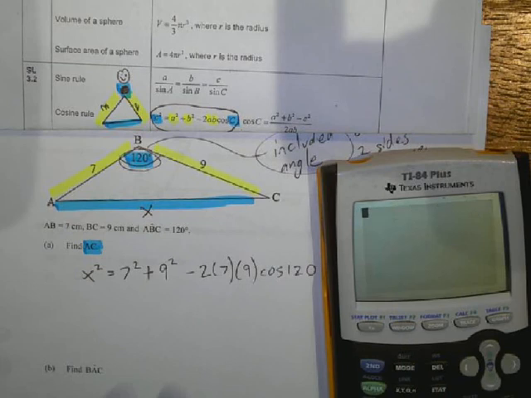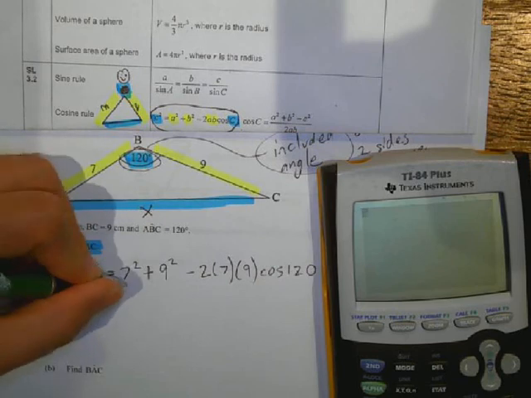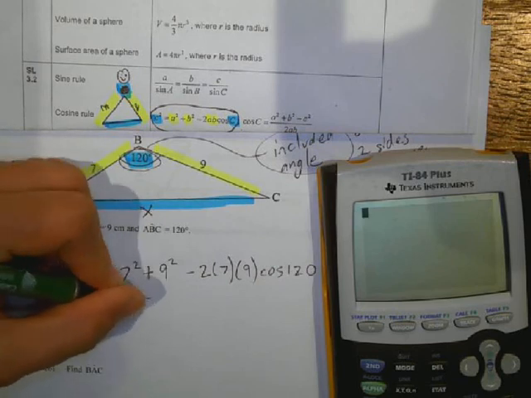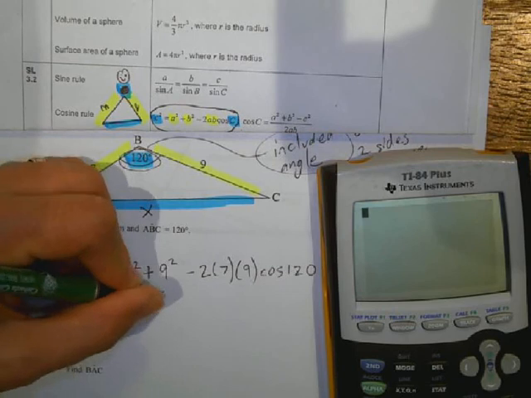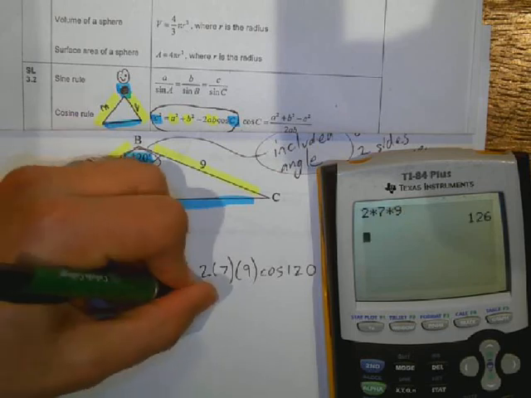Okay, so 7 squared is 49. 9 squared is 81. 2 times 7 times 9 is 126.